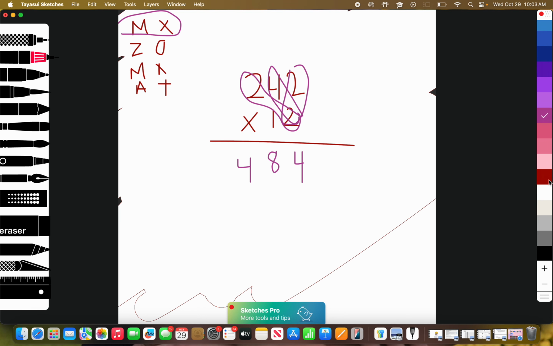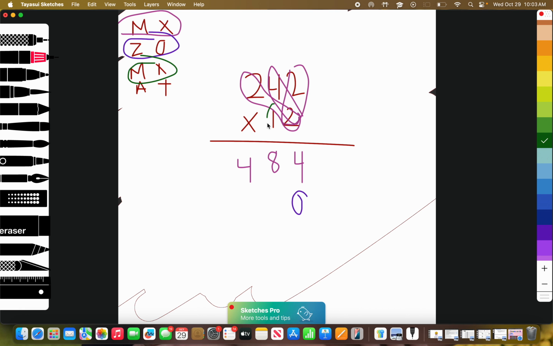Now, since we've already multiplied, let's look at the next step. 0. I need to add the 0. There we go. So we're done adding zeros for right now. We are going to go on to our next step, which is to multiply.